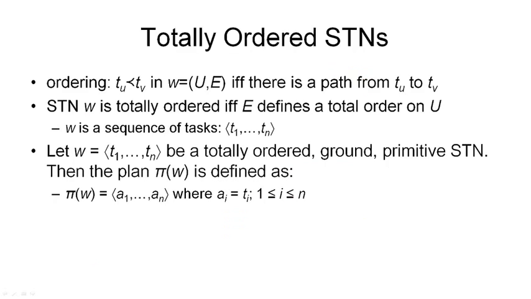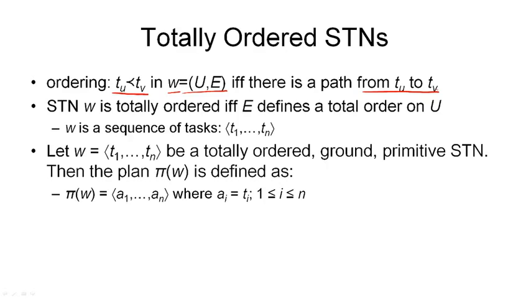Apart from being ground and or primitive, a task network can also be totally ordered or partially ordered. To define the ordering in a task network, we say that Tu comes before Tv in the network W consisting of nodes U and edges E if there is a path from Tu to Tv.